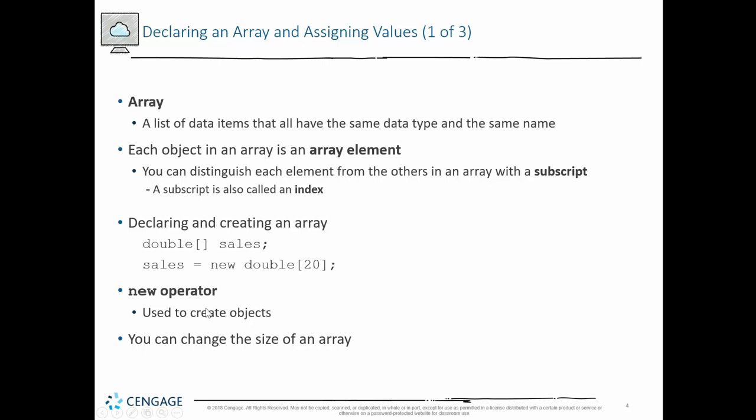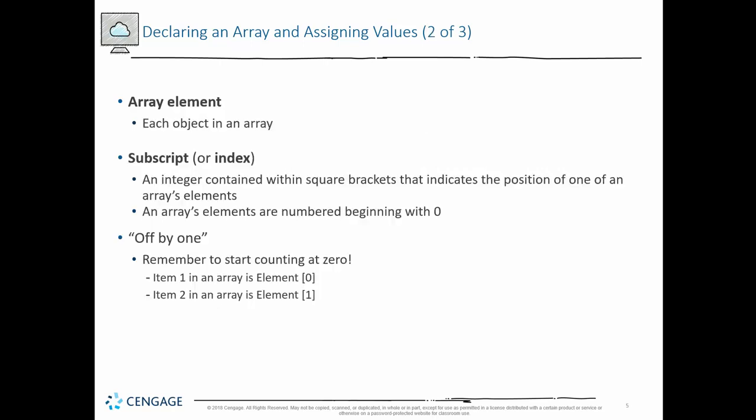You use the new operator most of the time because an array is what's referred to as a C# object. When we get into chapters 9 and 10, we'll be talking about object-oriented programming in much more depth and breadth of coverage. So again, an array element is each object or each element in the array.